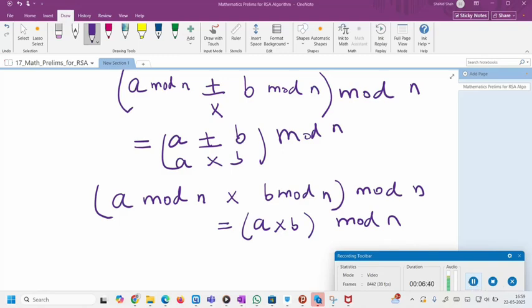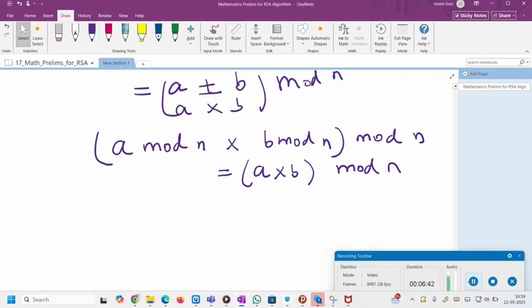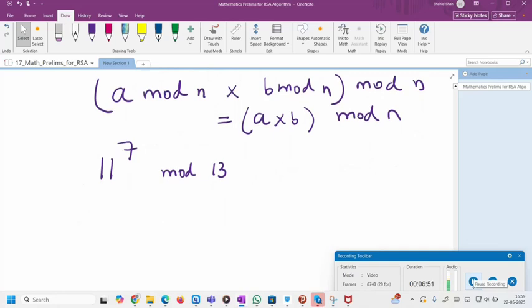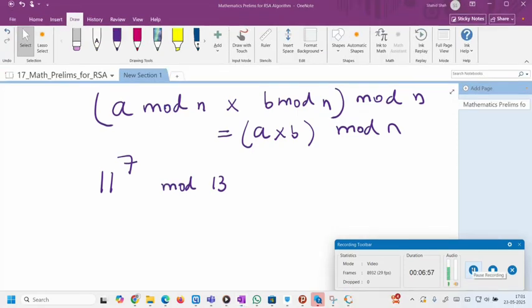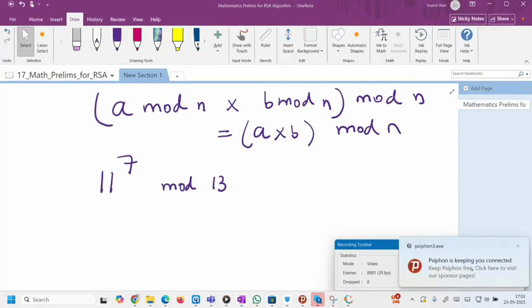Now let's illustrate its application in finding the modulo of an exponential. Let's say you are supposed to find 11 to the power 7 modulo 13. Doing it the conventional way is not convenient, so let's see how we can use the property. We'll do it step by step.